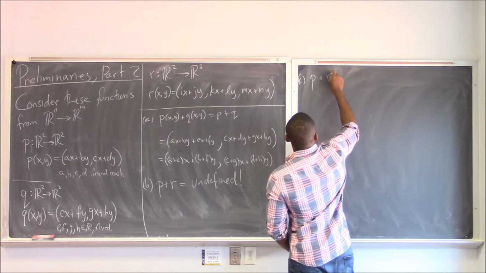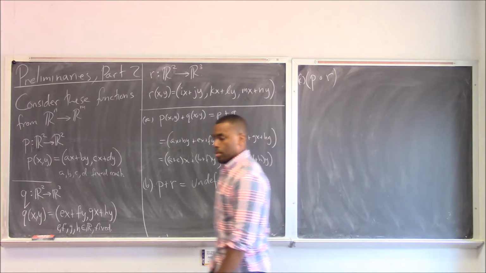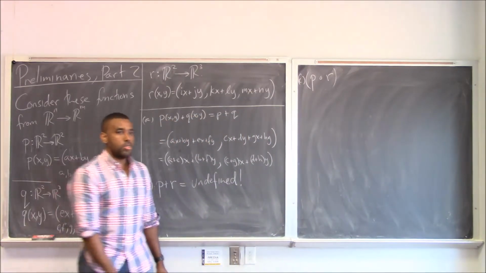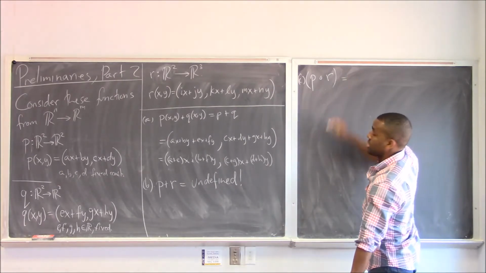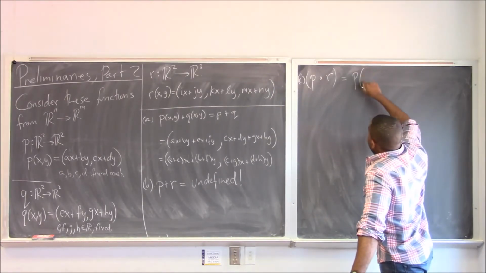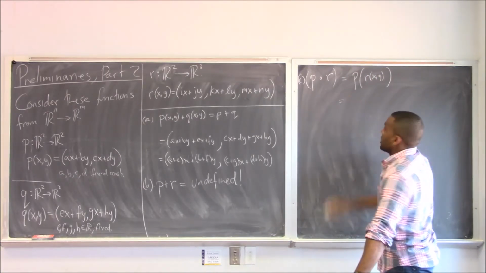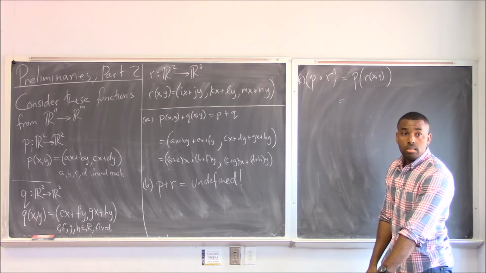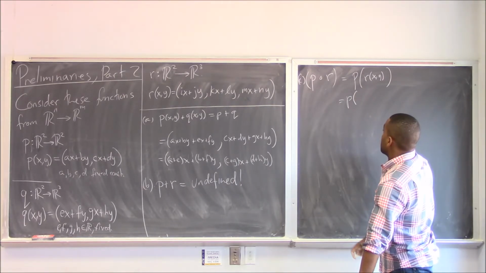Let's look at P composed with R. Remember how to do a composition of functions? What does P composed with R mean? P of R of x, y. You plug in R of x, y.